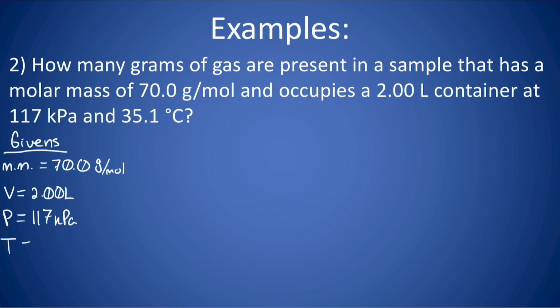And they tell us our temperature, which I'm going to convert to Kelvin right away. And then our unknown is mass. Now, right off the bat, this seems a little confusing, right? Because mass isn't a part of our ideal gas law equation.